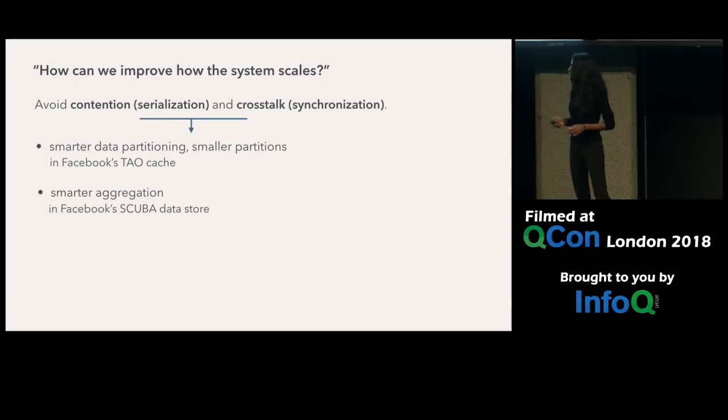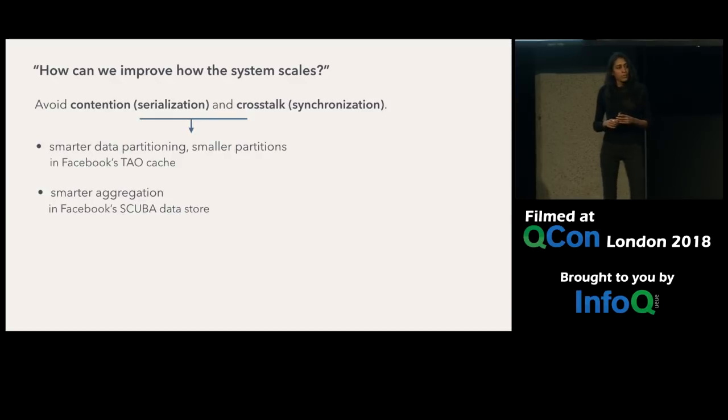Another example is by using smarter aggregation. Another example of this is in Facebook's Scuba time series data store. This is a scatter-gather system in that the data is partitioned across a number of leaf nodes, and you have an aggregator node that, when you make a query for time series data, performs aggregation across the data nodes.